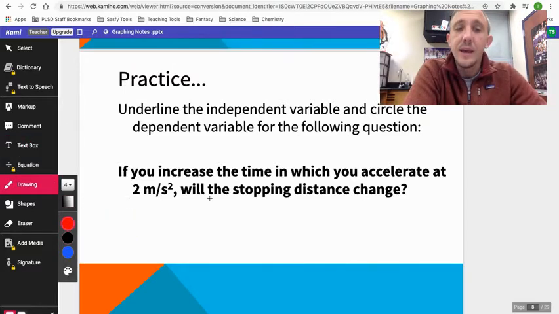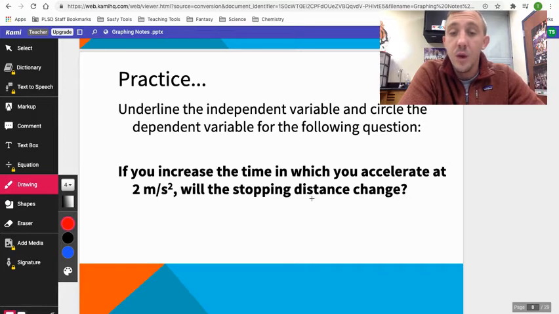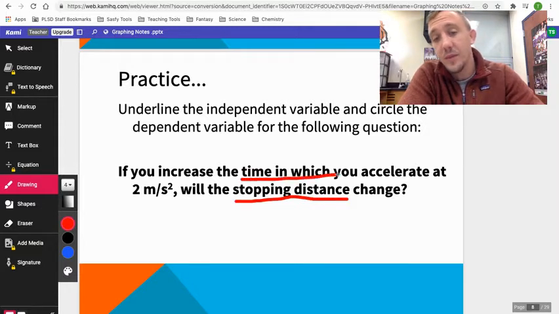Well, if the time at which you accelerate at 2 meters per second squared, will the stopping distance change? Well, I already can tell I am comparing stopping distance to the time at which I accelerate.